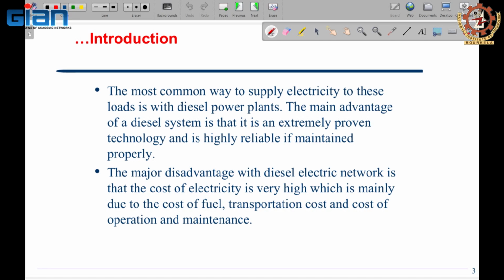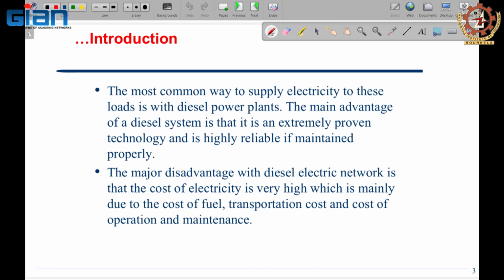If you see the advantages and disadvantages, the advantage of the diesel generator is that it is a very well proven technology.